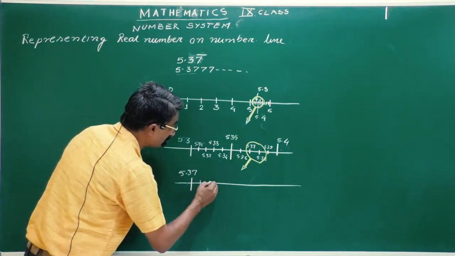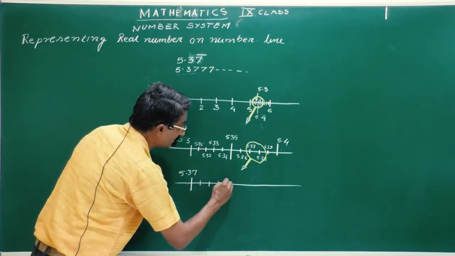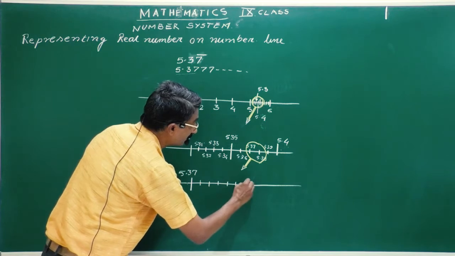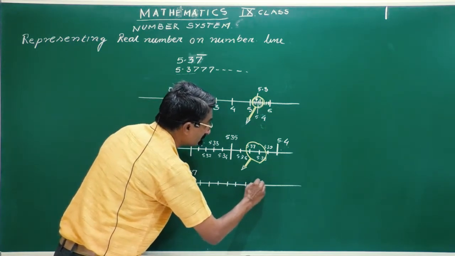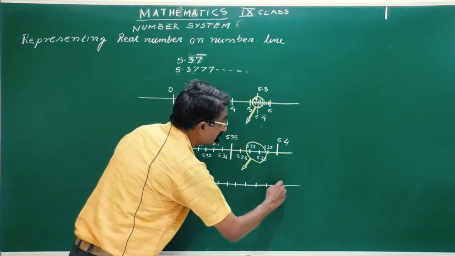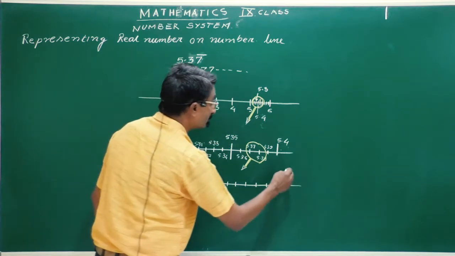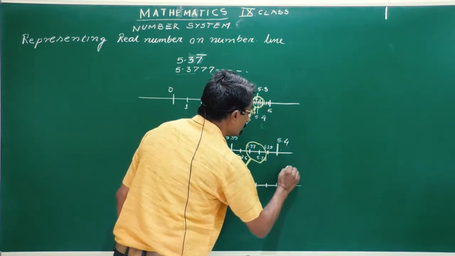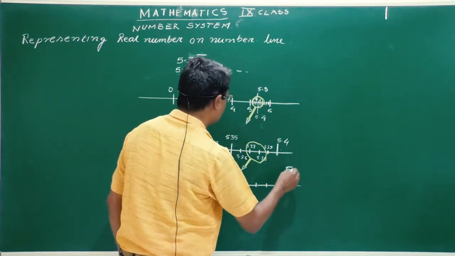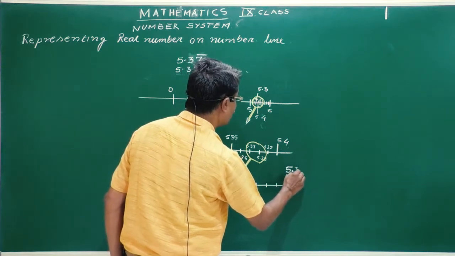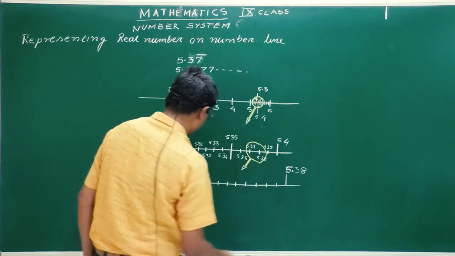5.37, divided into 1, 2, 3, 4, 5, 6, 7, 8, 9, 10 parts. So this is 5.38.